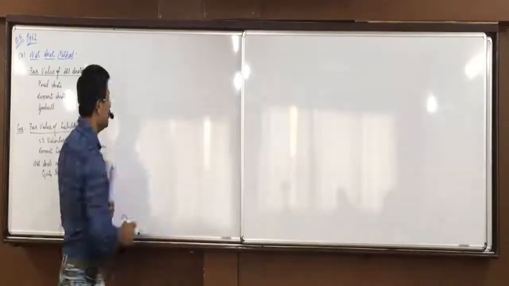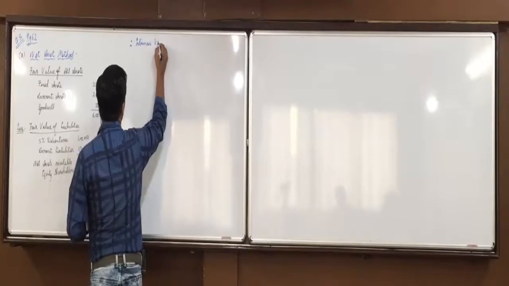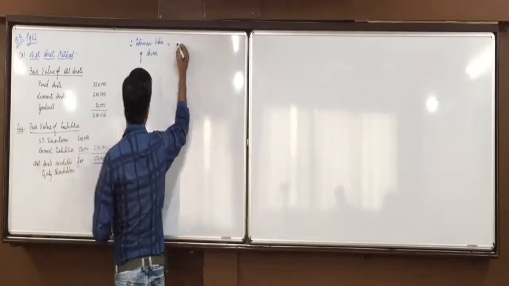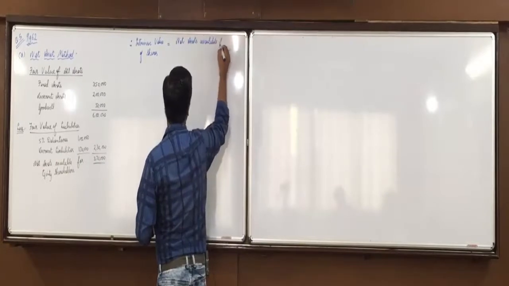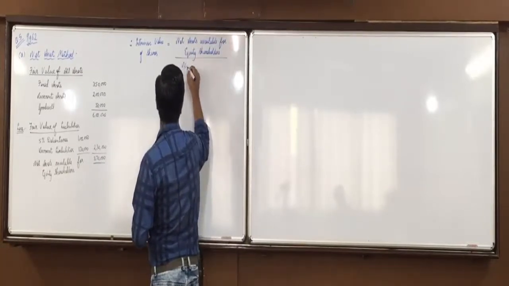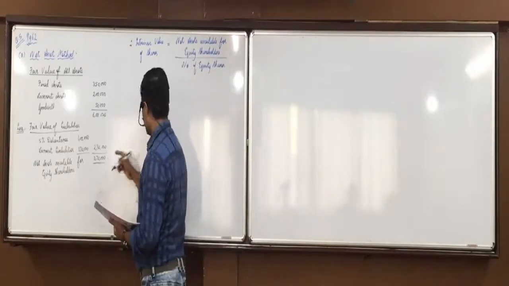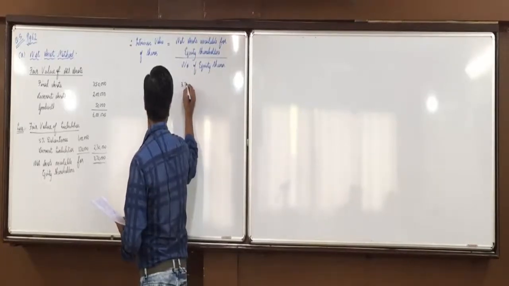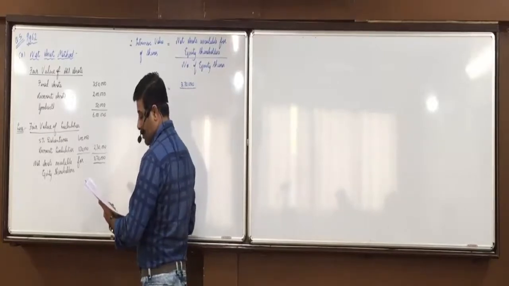Then the number of equity shares. Therefore, intrinsic value of shares is equal to net assets available for equity shareholders divided by number of equity shares. We got 3,70,000 as net assets available for equity shareholders, divided by number of equity shares.